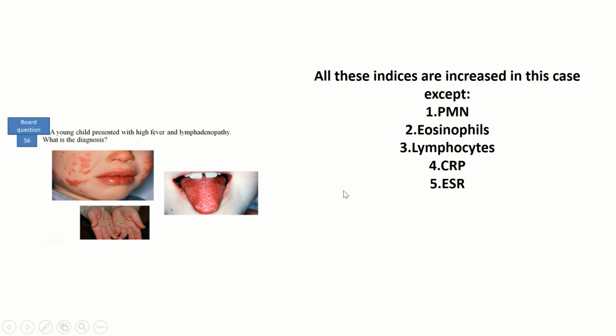As you know, these patients have anemia and leukocytosis with predominance of eosinophils and PMNs, and an increase in CRP and ESR, but the lymphocyte counts are not increased. So the correct answer is 3.